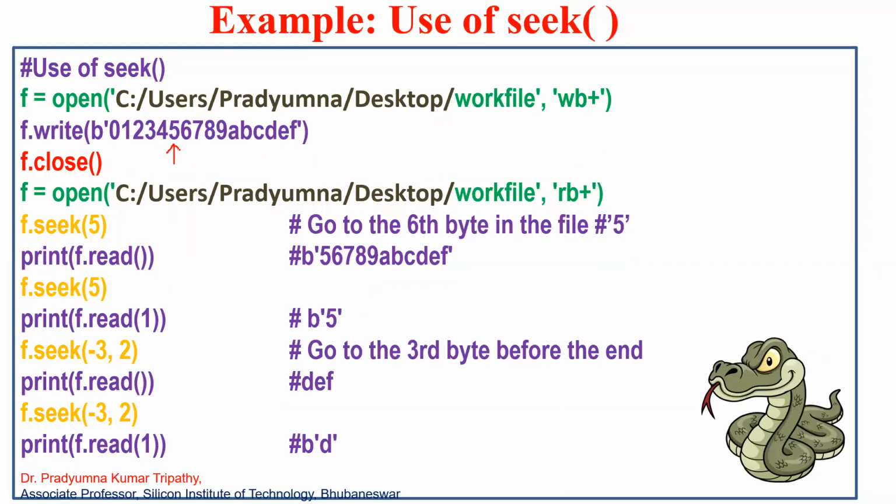Binary means the way it is stored in memory, in the same way it will be stored in the file. Suppose 123.67. 123.67 has a floating point representation in memory. The way it is represented, the same way it will be written. The way it is stored in memory, it will be stored in the file.